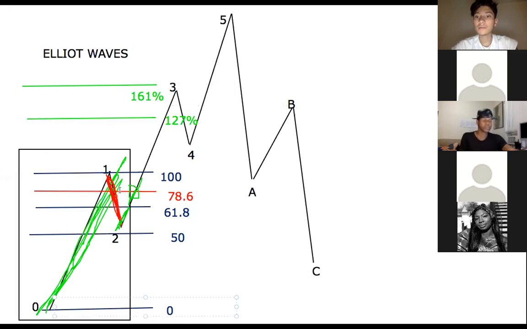My PC turned off. Where do you begin the fib? So with the fib, what you guys are gonna do is always drag it from your highest high all the way down to your lowest low, or vice versa. Like on a downtrend, I usually go from the lowest low to the highest high. It's up to you. Everyone reads or runs their fibs differently, but I always like to have my 100% in the direction that the trend is going.